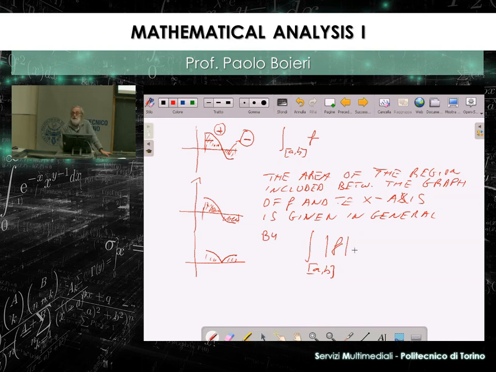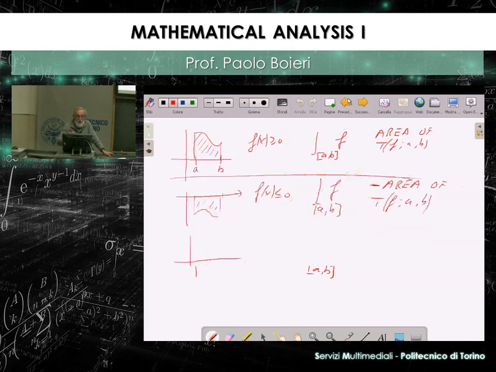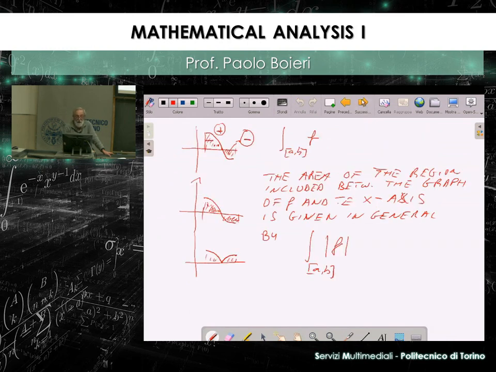If the function is negative, the integral of this will give you a positive number that is exactly the area of this. Okay? While the integral gives you this with a minus sign. If you have this general situation, if you compute the integral of the absolute value, you get what? Look here and here.